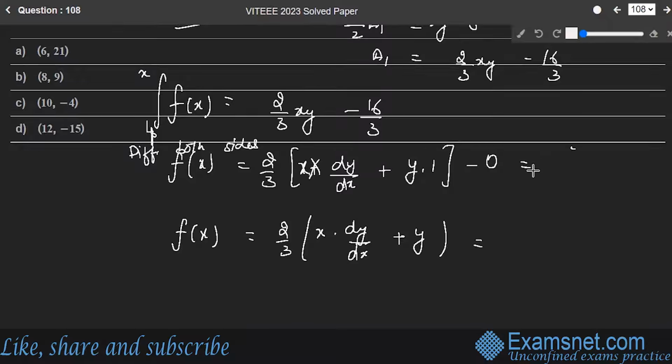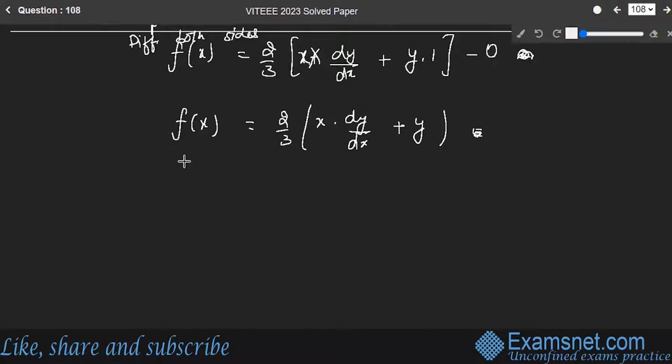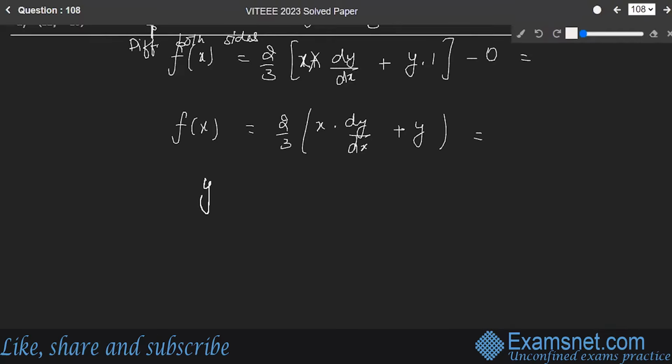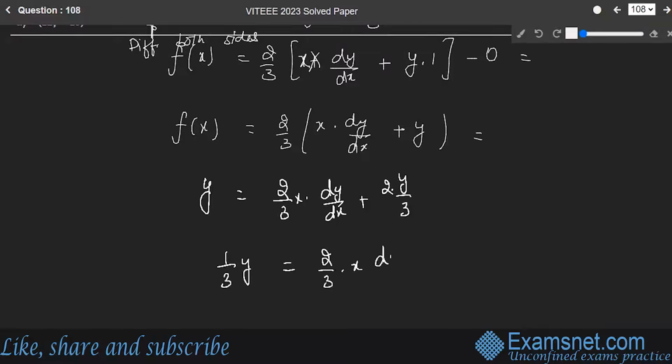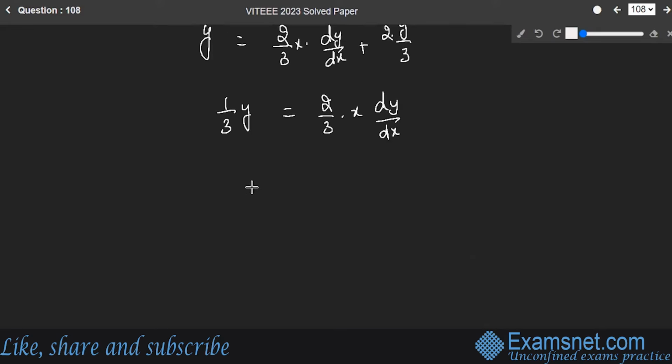That is equal to f(x), which is y. So y equals 2 by 3 x dy by dx plus 2 by 3 y, so this becomes 1 by 3 y equal to 2 by 3 x dy by dx. Cancel 3 from the denominator on both sides, you have y equal to 2x into dy upon dx.